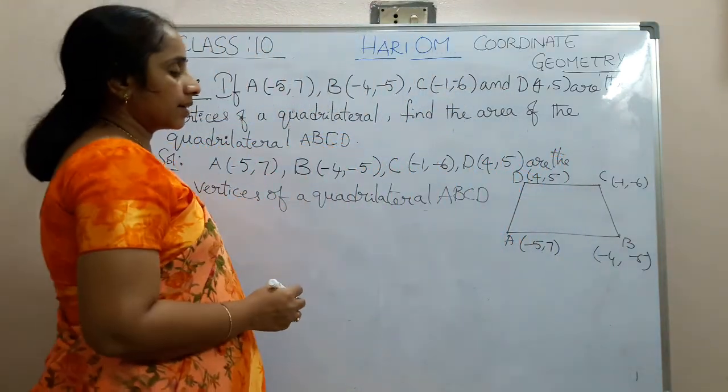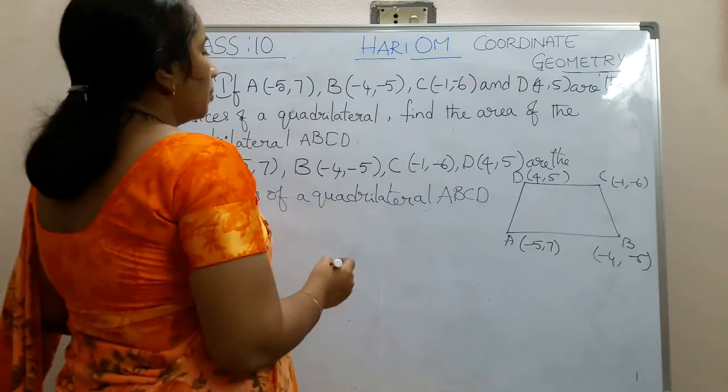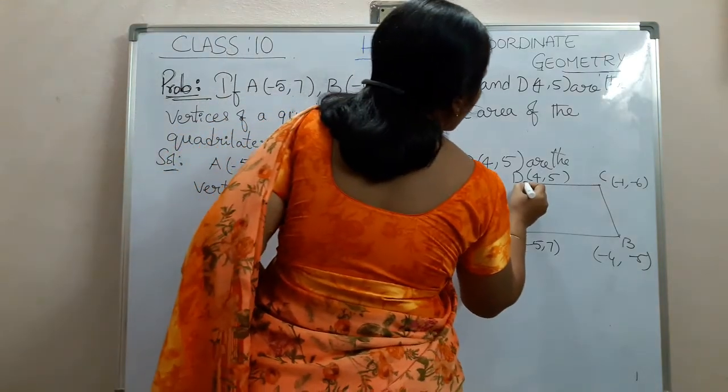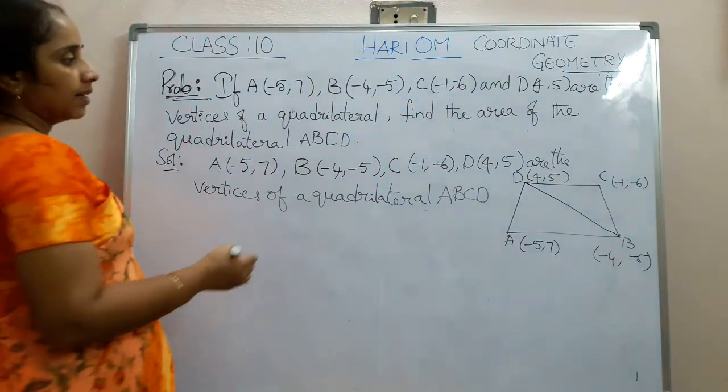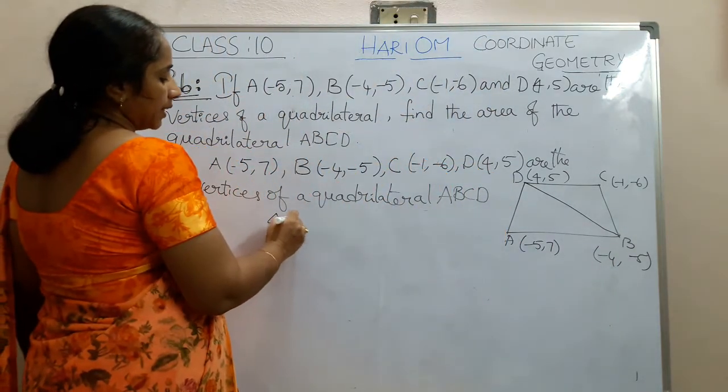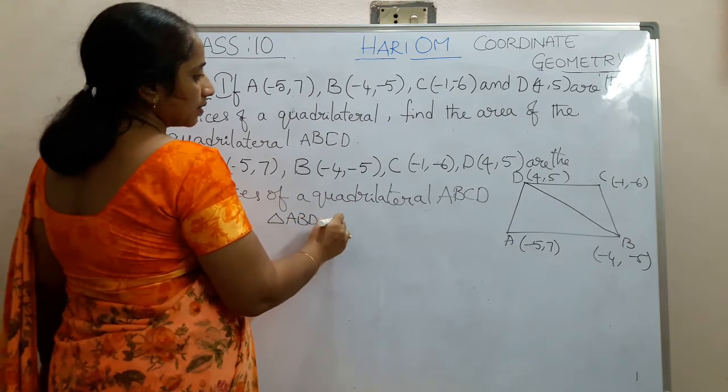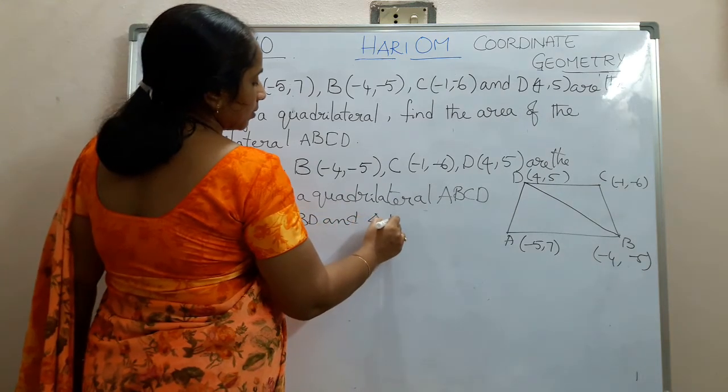Now by joining two vertices we can get two triangles, triangle ABD and triangle BCD.